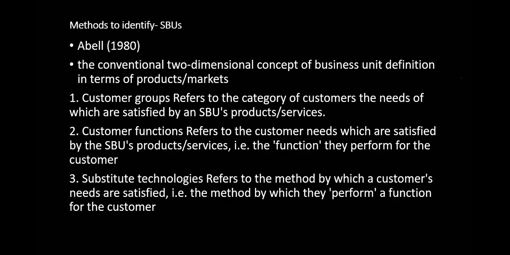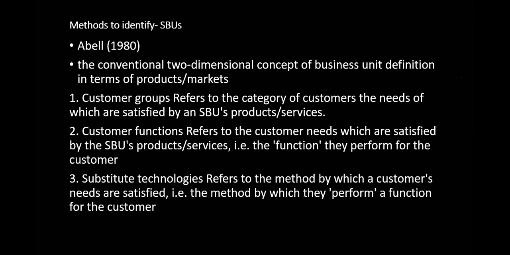Then the substitute technology. You may provide the transport by using an aircraft, but what kind of technology do you use? In certain cases, you might say, okay, budget airline. When you say budget airline, basically you are not providing any facilities.